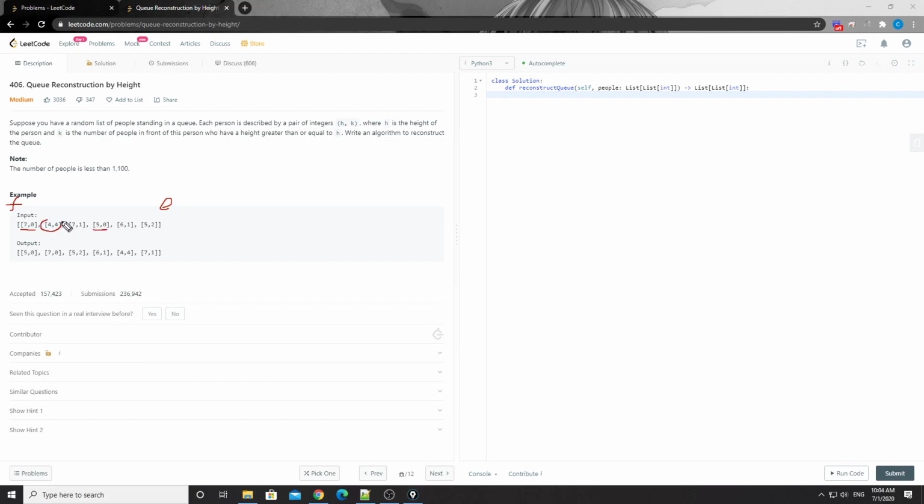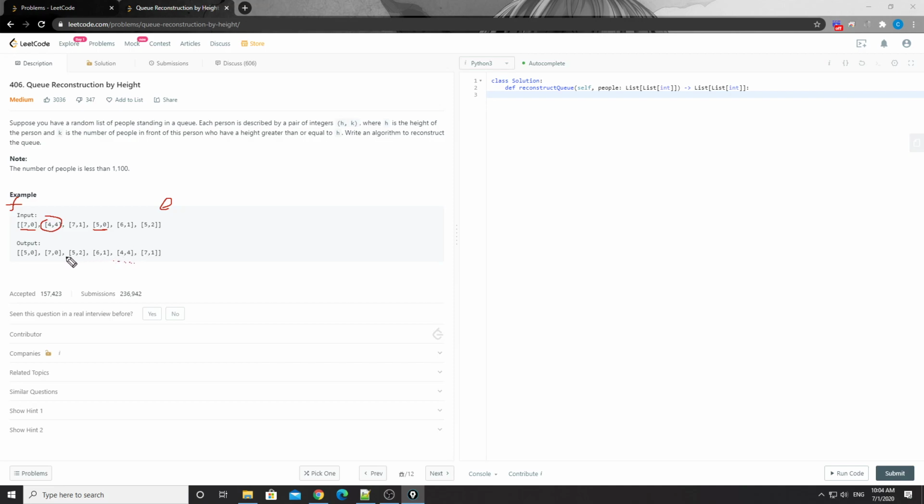How about the 4? Let's take the example of 4 here, after the reconstruction. 4 means on the left of 4 there are 4 people who are taller than him.